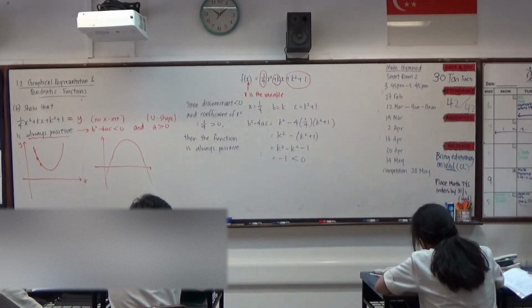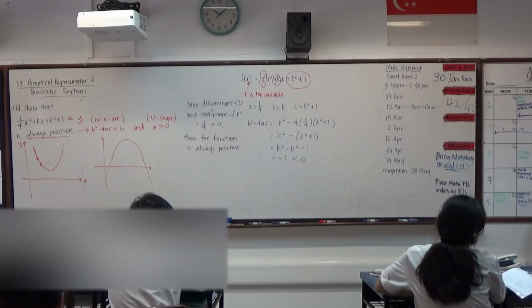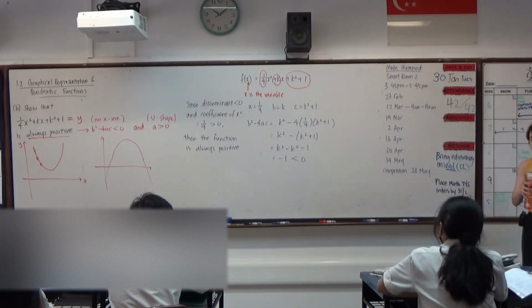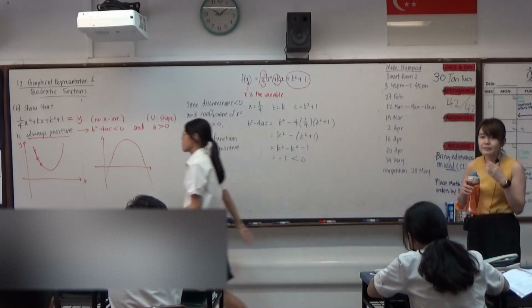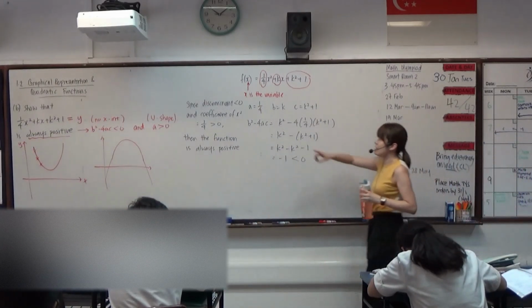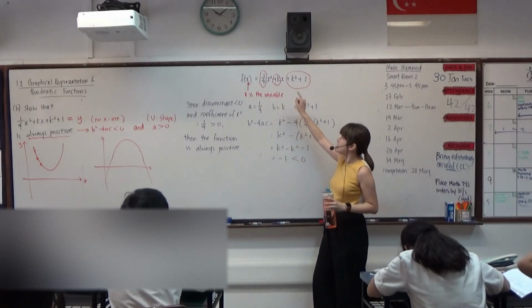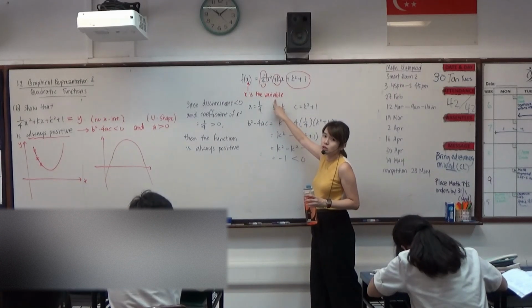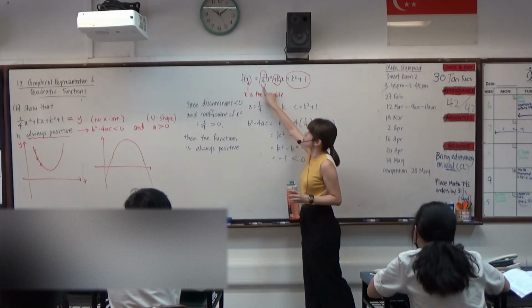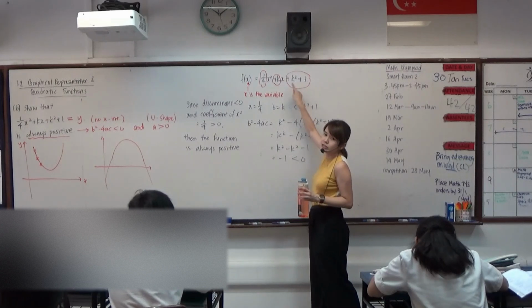Yes, Megan. Yes, teacher, why do you use f(x)? Why do I use f(x)? Just like I said, using f(x) helps us remember that in this entire expression, x is the variable. So we're looking for the coefficient of x squared, coefficient of x, and the constant term.